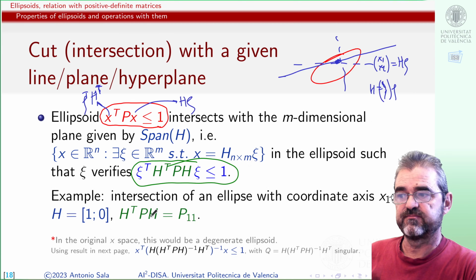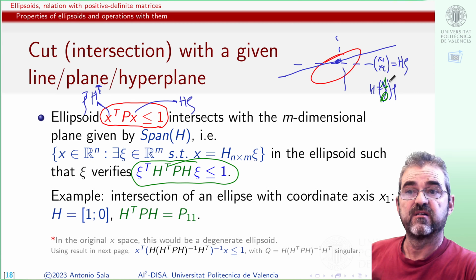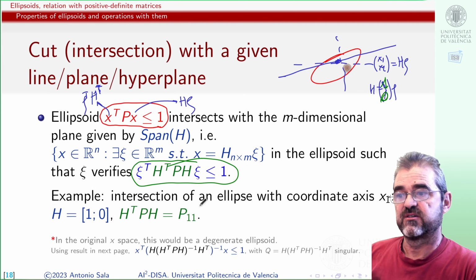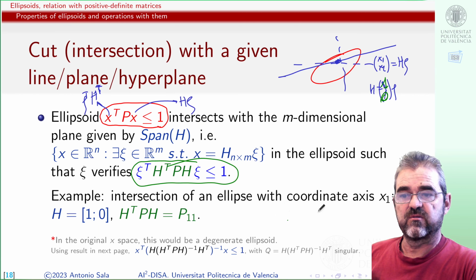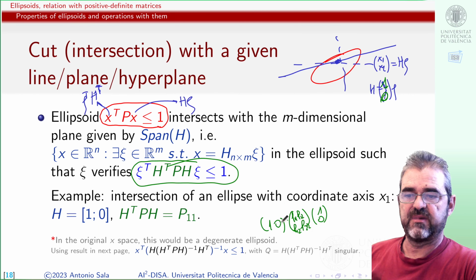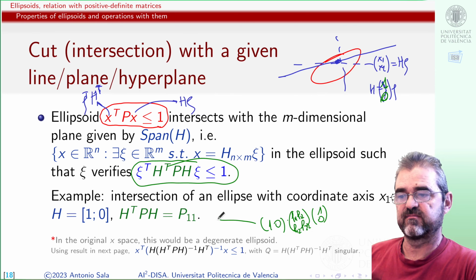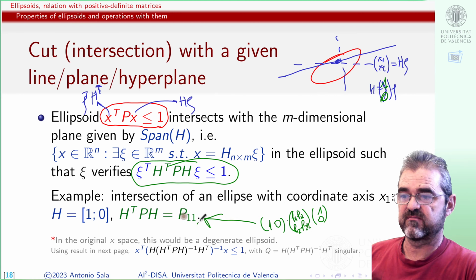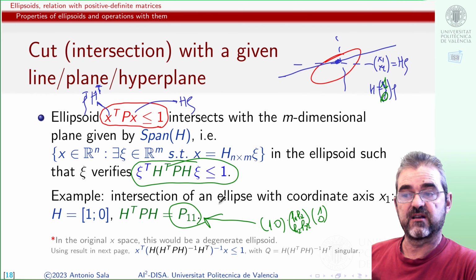As an example, if h is 1, 0, then we are just describing the horizontal axis. So if I multiply 1, 0, which is h, times P and h transposed, then we get the 1, 1 element of matrix P. So P11 gives me the cut with the horizontal axis.